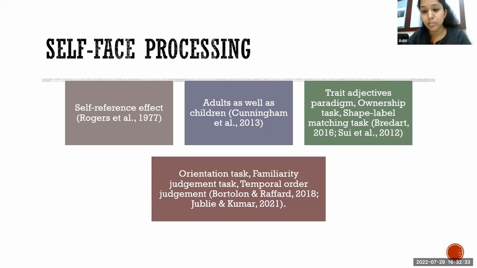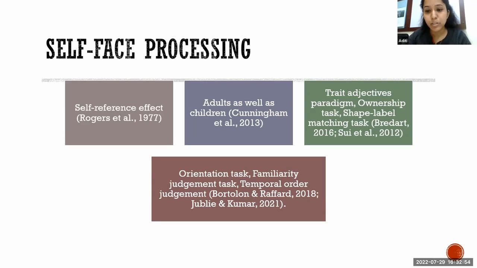A similar advantage has been observed by some studies when self-face is taken as a stimulus. In perceptual judgment for orientation, that is when people are asked to report whether the head is facing leftward or rightward, the judgment is faster for our own face than for the other faces.